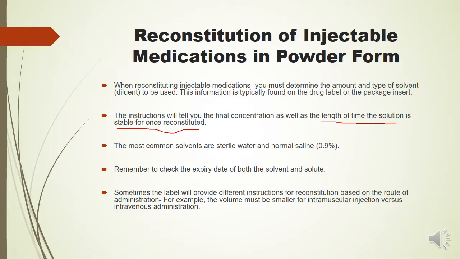So, reconstitution of injectable medications found in powder form, as we've discussed. When reconstituting these types of medications, you need to know how much and what type of solvent or diluent is to be used. This information is always found on the drug label or the package insert. Pharmaceutical companies have been making these for a very long time.